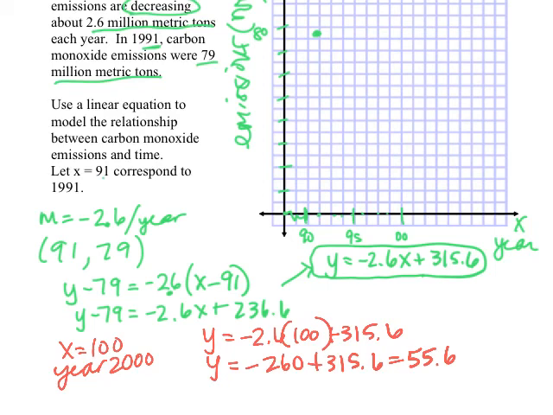So I'm going to add that point. So here's the year 2000. And remember, these were tens, 10, 20, 30, 40, 50, 60. So this is 55 over here at the year 2000.